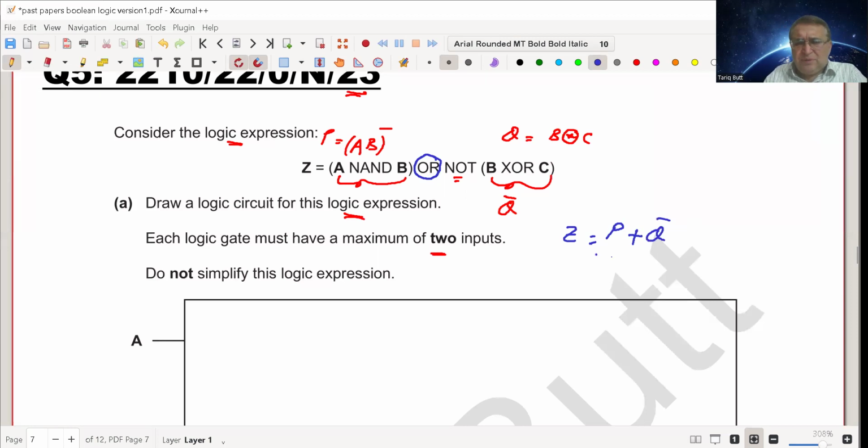Ultimately, when you have to draw the truth table, this will help you over there.